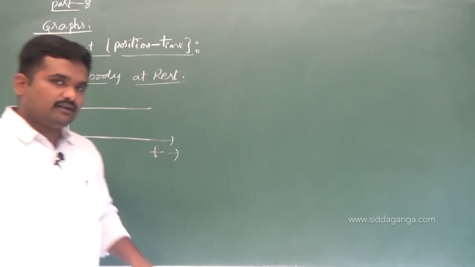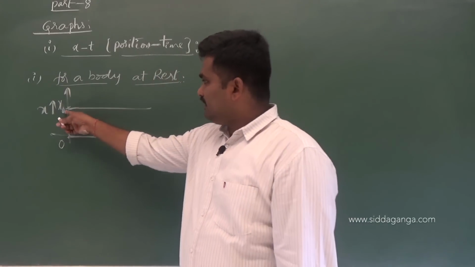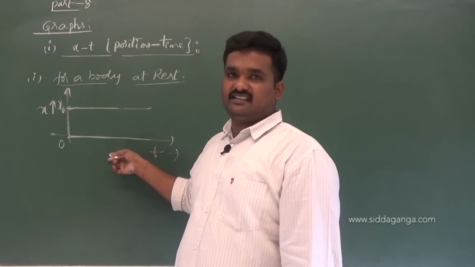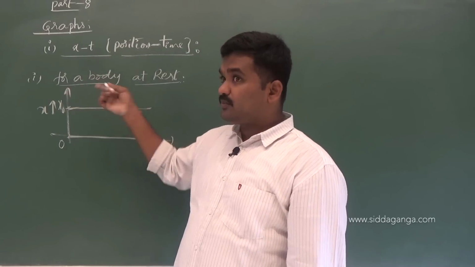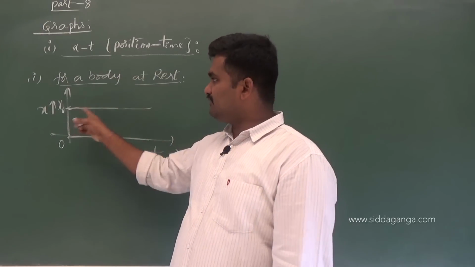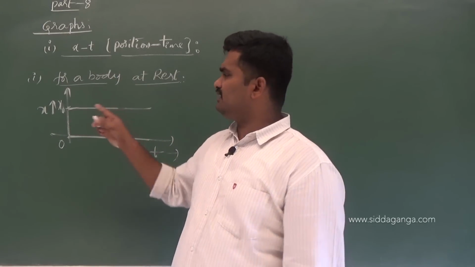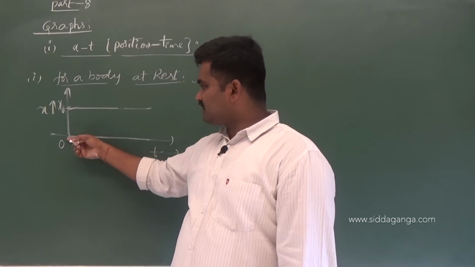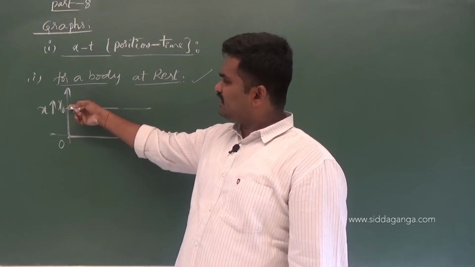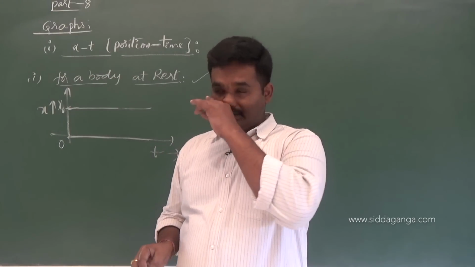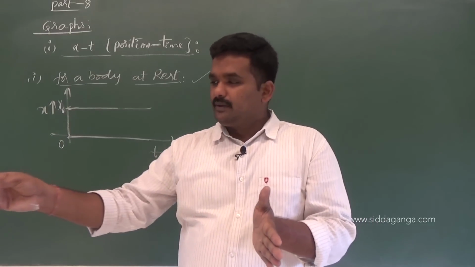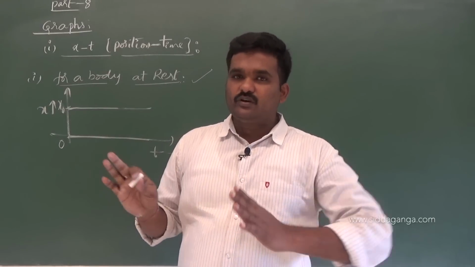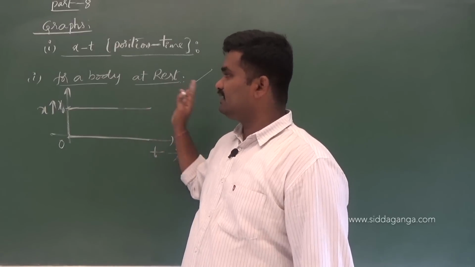If whatever line I draw is parallel to the time axis, then in case of a position time graph, if the graph is parallel to the time axis, wherever it is, then you will say that the body is at rest. There is a representation. Not only should it be at the 0 meter mark, it can be at the 3 meter mark also. From the starting point, I keep a particle somewhere at the 3 meter mark and leave it there itself. It doesn't move at all from one place to another place. Then we will say that it is at rest.